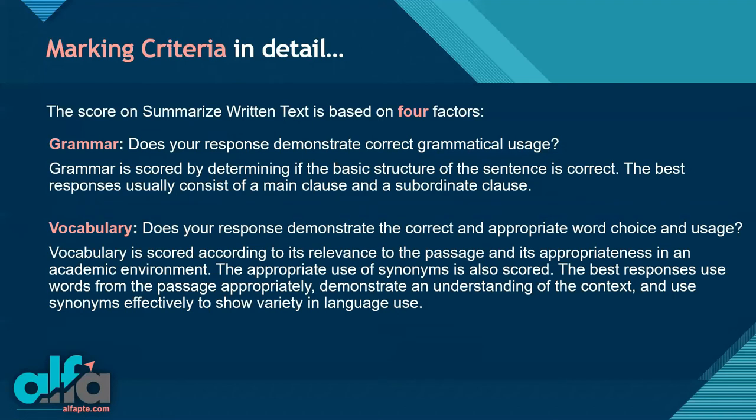Vocabulary, like we've already discussed, if you use appropriate words, good academic words that are relevant in an academic environment, and try not to use any informal words, so words that show the understanding of the context. So that's how you get your score in vocabulary.